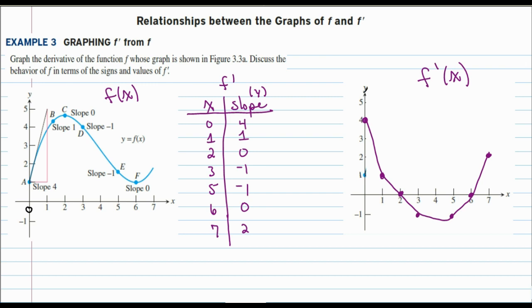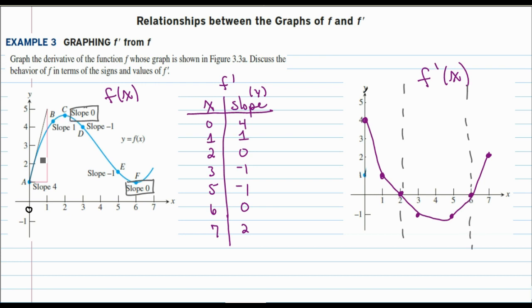So if we break this up into sections, let's look at where our slopes are, because we're supposed to discuss the behavior of f in terms of the signs and values of f prime. Well, here we've got a slope of 0, and here we've got a slope of 0. So at 2 and 6, the slope is 0.